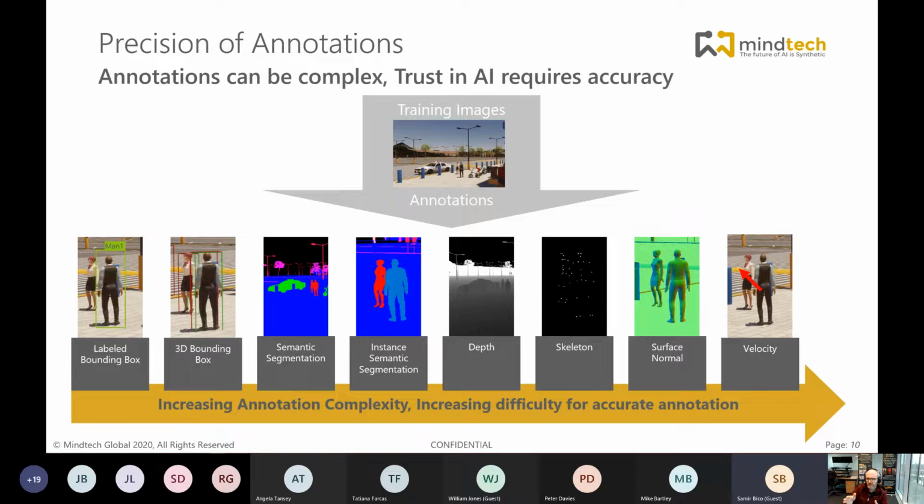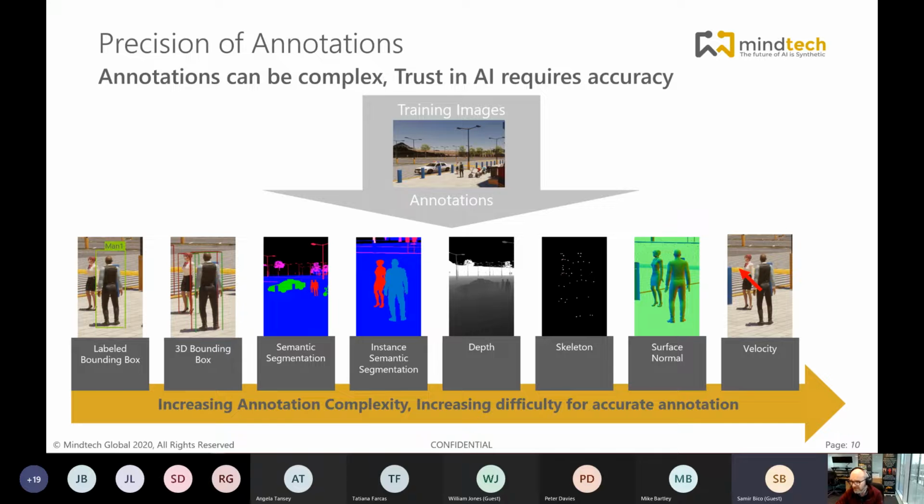And as we move through these levels of complexity of annotations, it gets harder and harder for humans to accurately give those annotations. And at each of these, again, there's a level of accuracy that depends on your final destination as to what level of accuracy you really need.